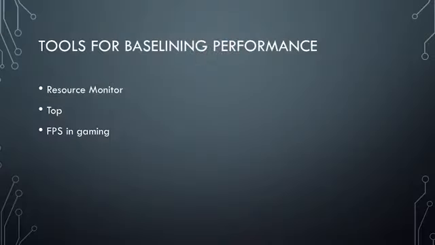Okay, a graphics card should perform at this level. If it's not, then there's something else wrong. This is why we also have resource monitoring on Windows, for example, or the top command using Linux, so we can see how the system is performing and we can do an assessment of what is not performing well.